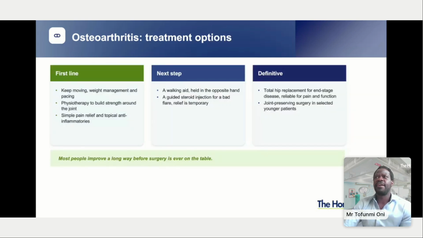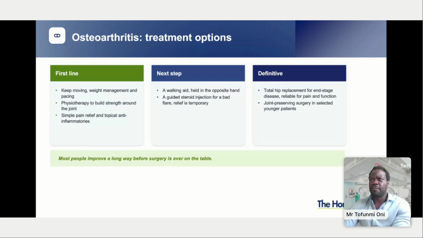Treatment options. We always talk about climbing the ladder when we're offering treatment options. The first line is all about conservative measures: keeping mobile, weight management, physiotherapy to build up the muscles around the joint and help to offload the joint, and simple analgesia, paracetamol or anti-inflammatories.